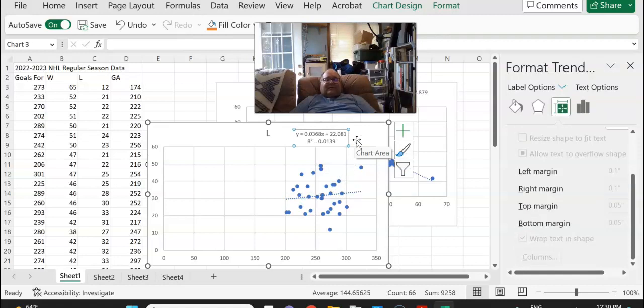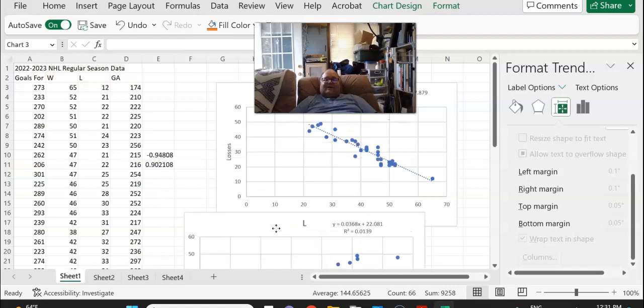The R squared value is very small, which will mean our correlation will be very small. And there's not going to be any significant values.